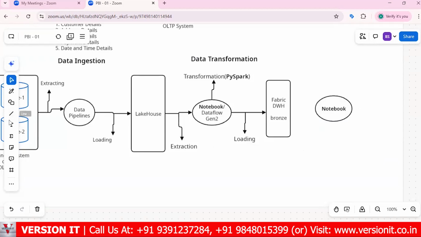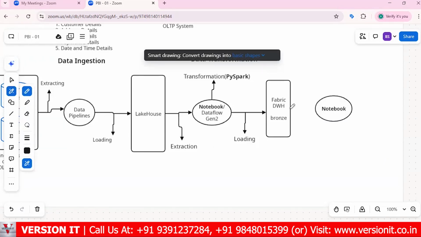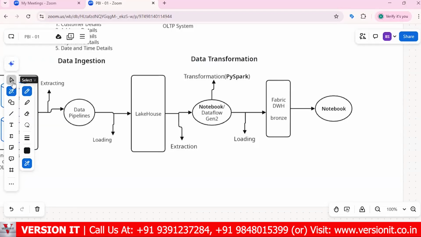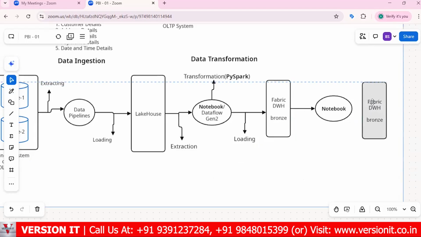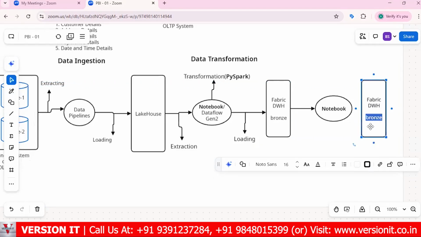We are going to read the data from the bronze layer, and then feed the data into the same Fabric data warehouse. But this time we are going to call this the silver layer.